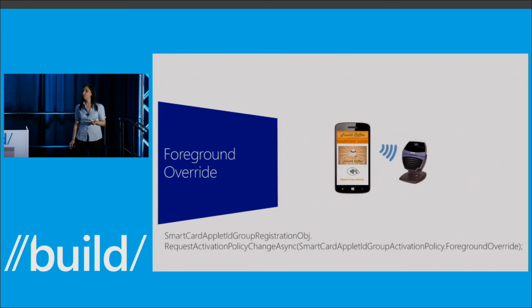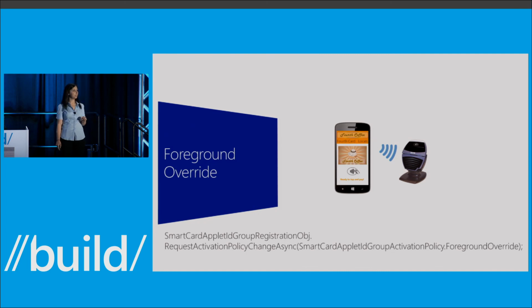Also, we provide the foreground override. As you saw, I set my Contoso credit card as my default payment card. So whenever I tap, it will go through. But when I go to my coffee store, I want to use my coffee app because I get rewards on that. So what I can do as a user is bring the coffee app into the foreground before I tap.